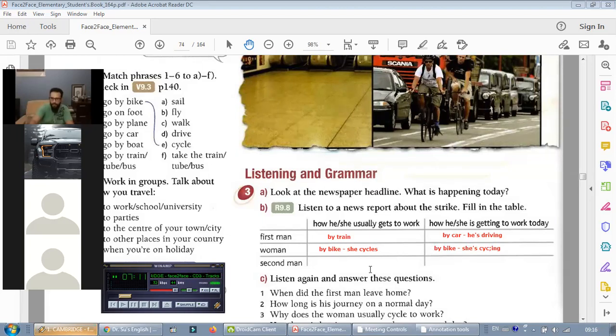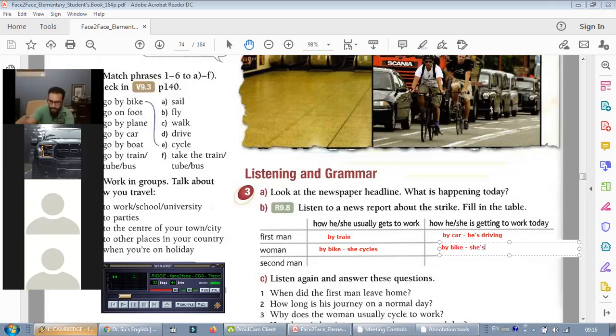Okay. Can you remember the second man? By tube, by bus. Correct. Usually he goes by bus or by tube, right? This is his usual routine. But today, what's happening today? He goes on foot.